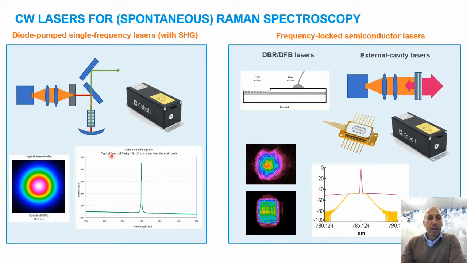The diode pumped lasers, I should say, these laser materials are typically made of rare earth doped crystals such as neodymium YAG or neodymium vanadate, but they can also be of semiconductor types. The diode pumped lasers typically provide a very narrow line width emission of way less than a megahertz width, and very good spectral purity, very close to the main peak.